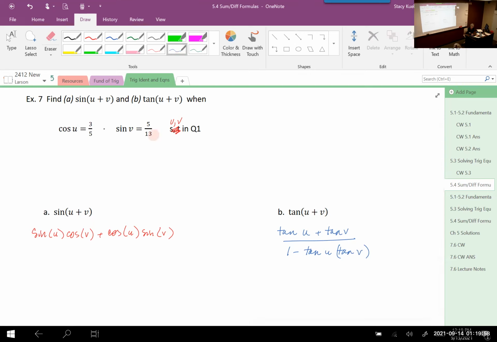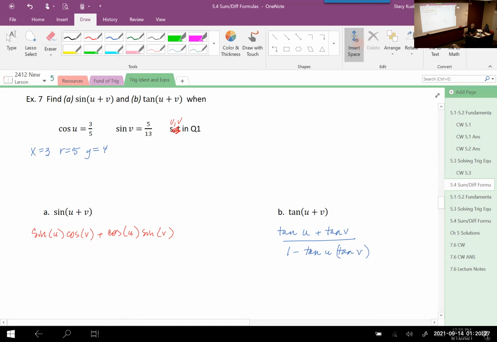Let's go back to our definition of our trig functions, x, y, and r. I know that cosine of theta is defined as x over r, which would be 3 over 5. Therefore, y has to be what, everybody? Yeah, y has to be 4, right? It's a 3, 4, 5 triangle, correct?